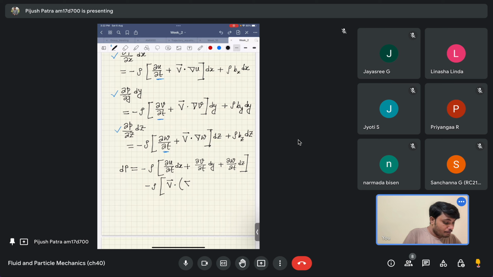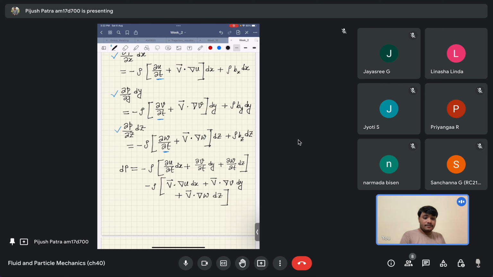Let me write it as it was: v dot gradient of u into dx plus v dot gradient of v into dy plus v dot gradient of w into dz.